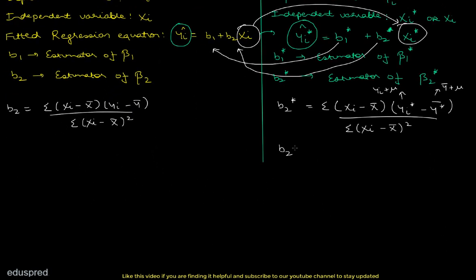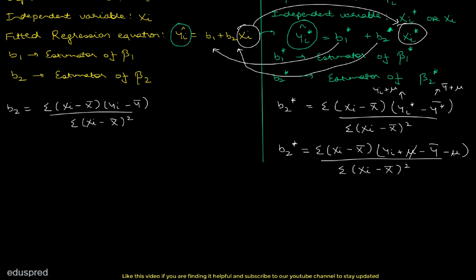So from here we get that b2 star is equal to summation of xi minus x bar. Instead of yi star, I'm writing yi plus mu. Instead of y star bar, I'm writing y bar plus mu. And because there is a negative sign over here, this will become minus y bar minus mu, divided by summation of xi minus x bar whole square.